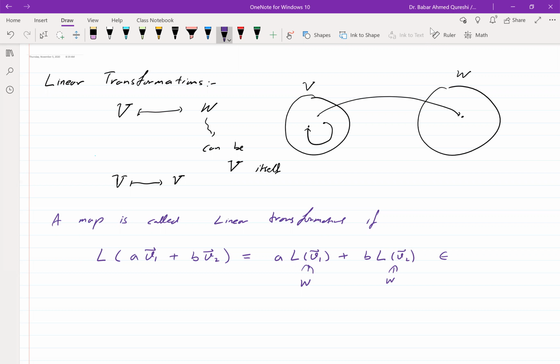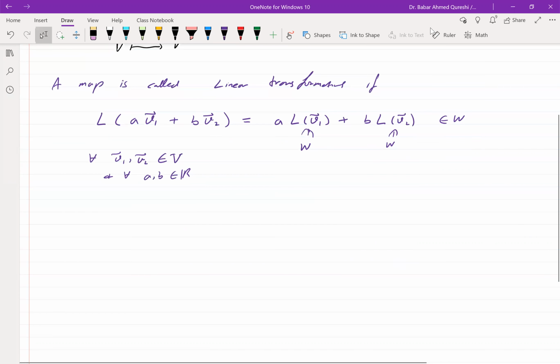So this whole thing lives in W. And what the linearity condition is saying is that this is true for all v1, v2 in V and all real numbers: any arbitrary linear combination in V should split like this. If you have this property, then this is a linear transformation.